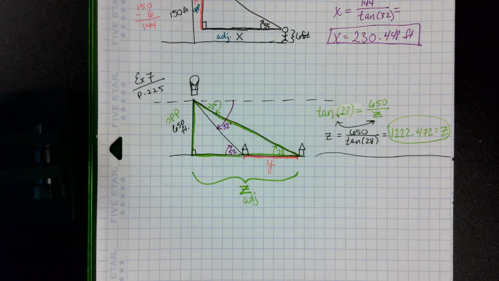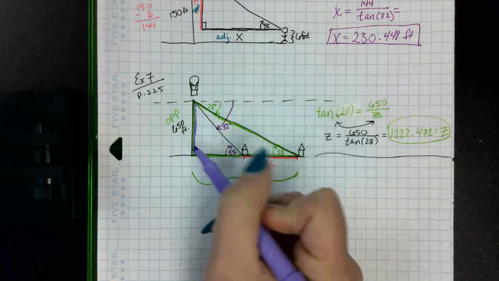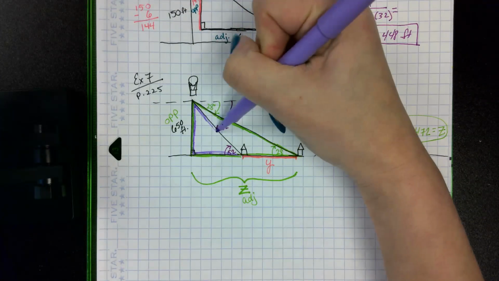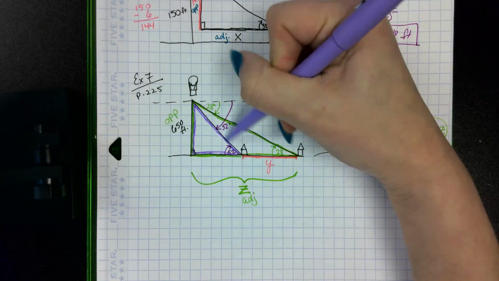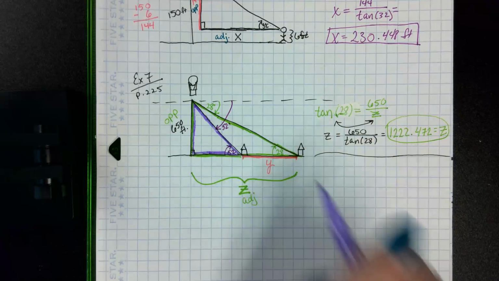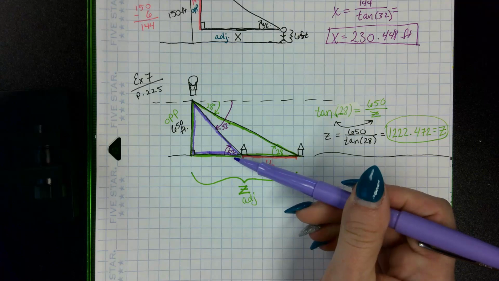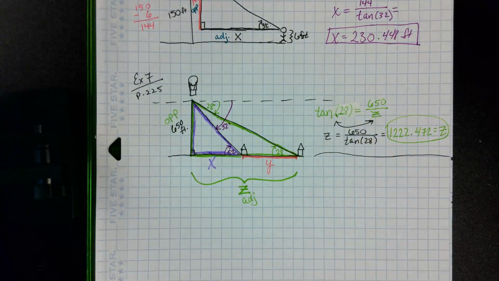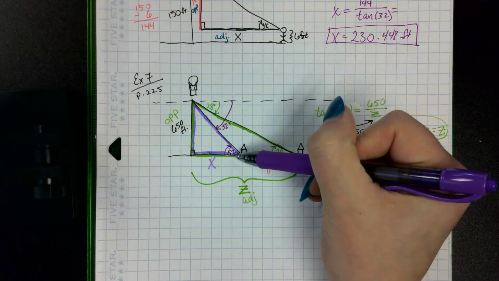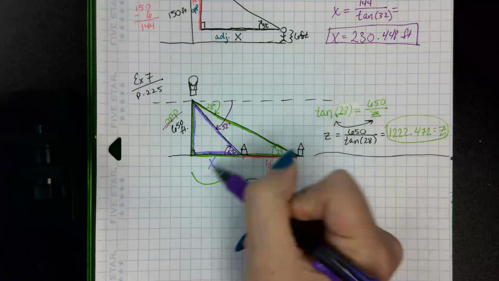Now I'm going to look at my other right triangle, the 52-degree triangle. We're really going to look at the purple one. All right, so 52 degrees for that triangle, the purple triangle. And we'll call this distance X. If we're at the angle 52 degrees, the side opposite of 52 degrees is still opposite. So this time X is the adjacent.